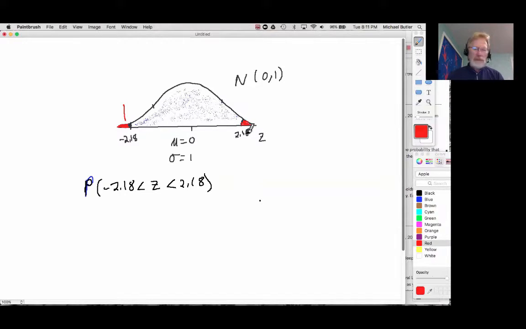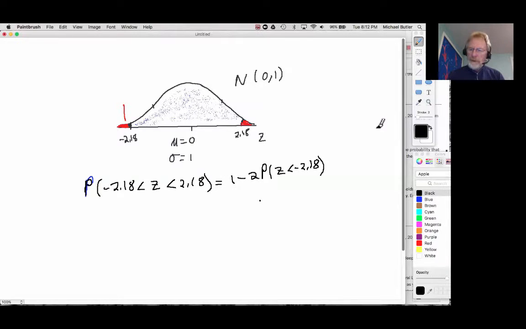So if I find that area, double it, and subtract it from 1, that's the area of the blue stuff. Mathematically, this is equal to 1 minus 2 times the probability of z being less than negative 2.18.